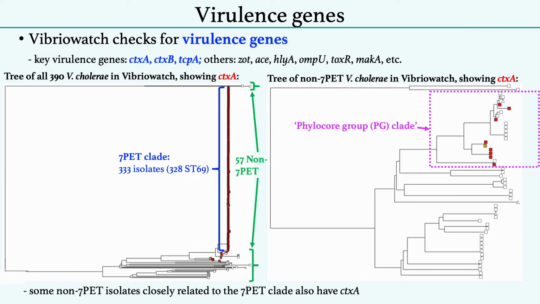Here we can see that all of the isolates that have the CTXA gene actually belong to one clade. In fact, this clade is the phylocore group, or PG clade, which I mentioned previously, a clade of isolates that are closely related to the 7 pandemic lineage.